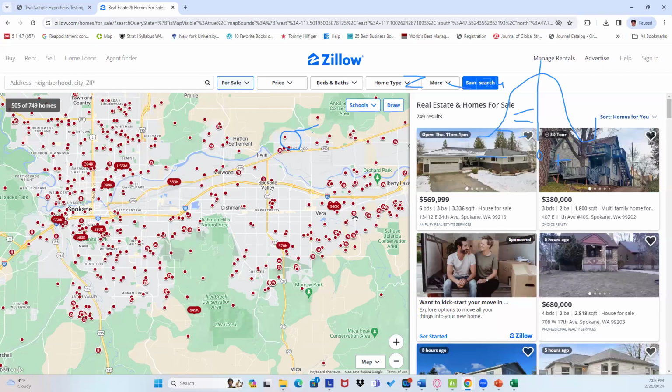Then we framed the null hypothesis: Spokane housing prices minus Liberty Lake housing prices equal to 0, and then the alternative hypothesis. At the conclusion, whatever result comes, you have to justify it: why Liberty Lake is higher, or why Spokane South Hill is higher.